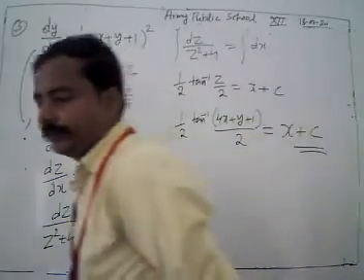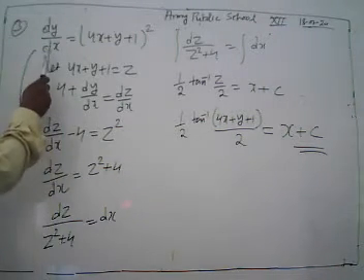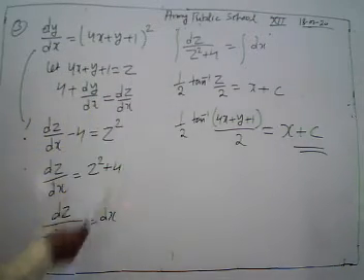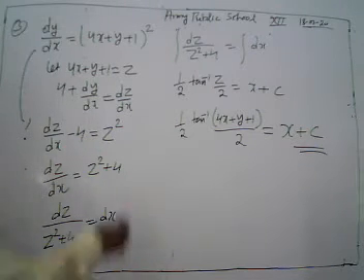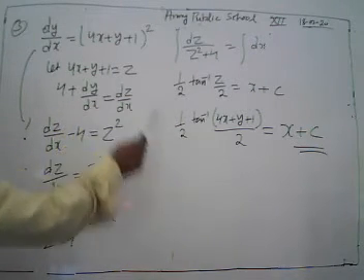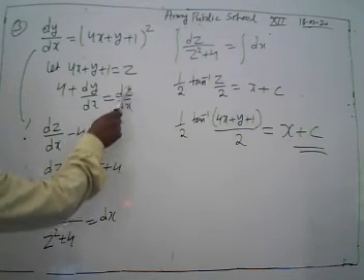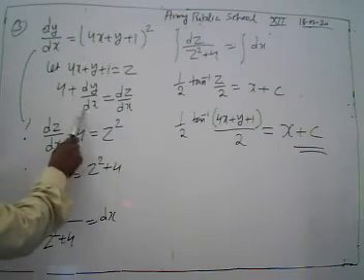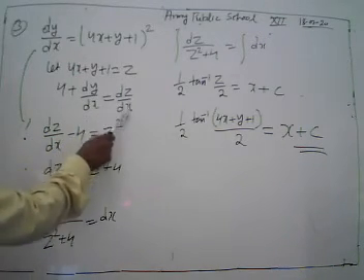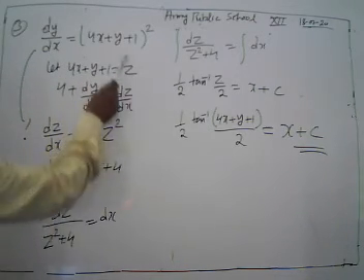Again I am going to revise the same problem. We have dy by dx equal to (4x plus y plus 1) whole square. It creates a difficulty to solve it, so we take 4x plus y plus 1 equal to z. Then we get 4 plus dy by dx equal to dz by dx. The value of dy by dx is dz by dx minus 4, and we put the value here, with the right side being z square.